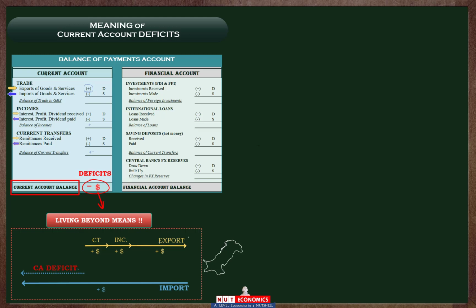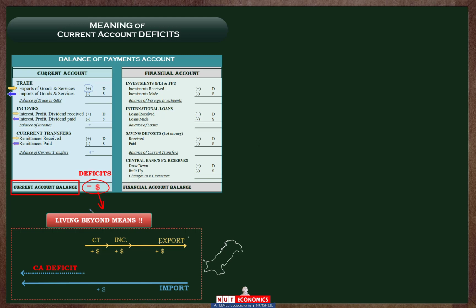And this overspending on imports, this extra outflow of dollars relative to the dollars you are earning, is what makes economists conclude that this current account deficit is just telling you you're overspending dollars, you're buying more imports from other countries than what you can afford. You are living beyond your means. That's what a current account deficit reflects.